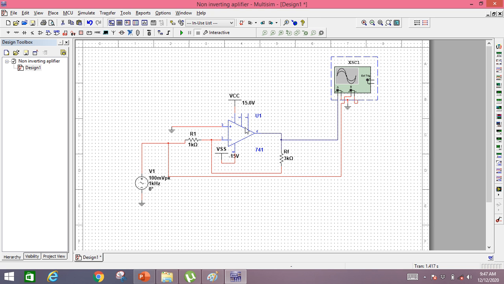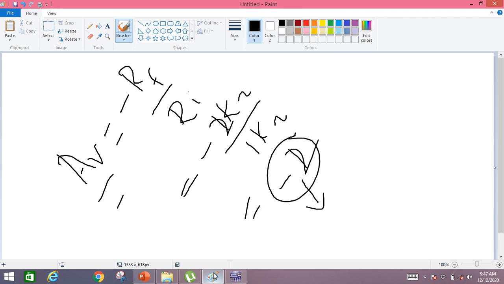How much can we increase the value of RF? If the gain of the op-amp is greater than the supply voltage, our output voltage will be clipped off.